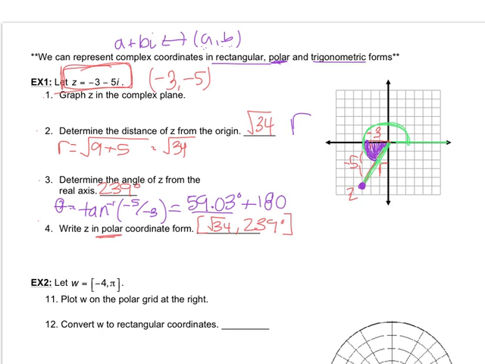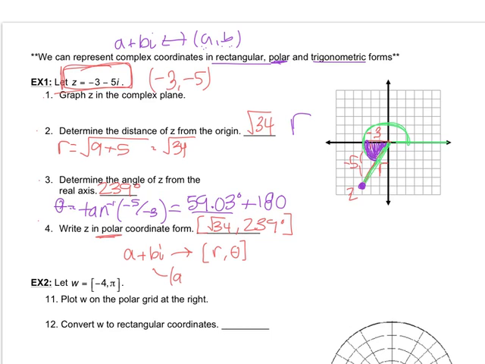239 degrees. So converting from a complex number, something in the form of a plus bi, into r's and thetas, you just have that one little extra step.